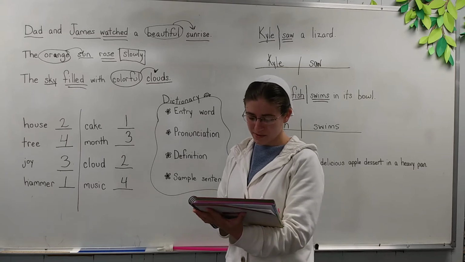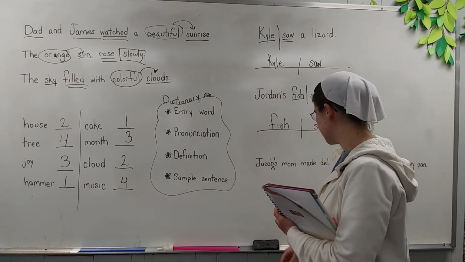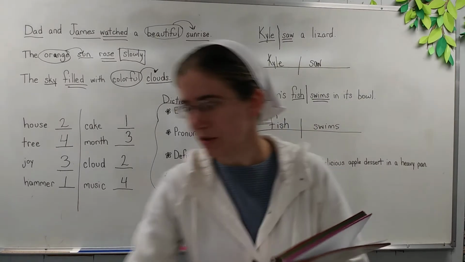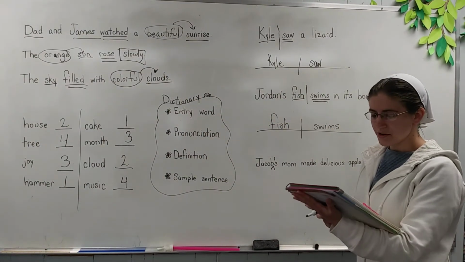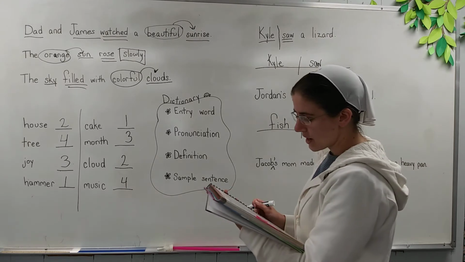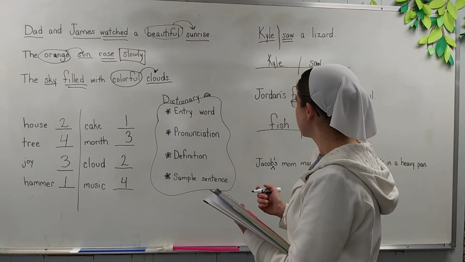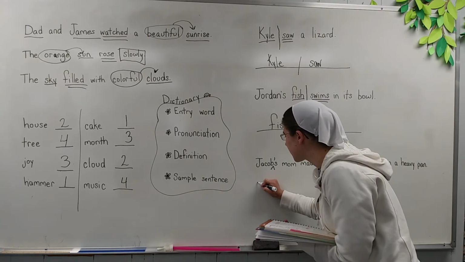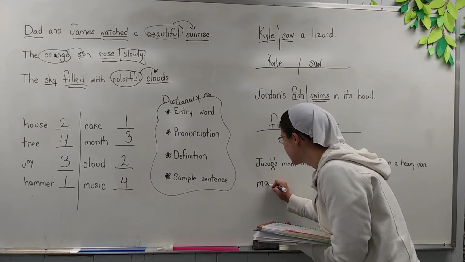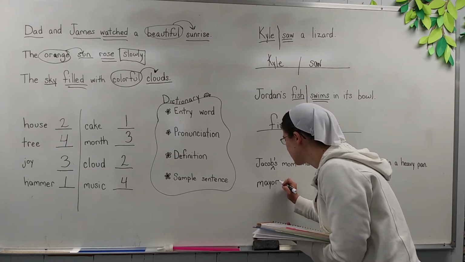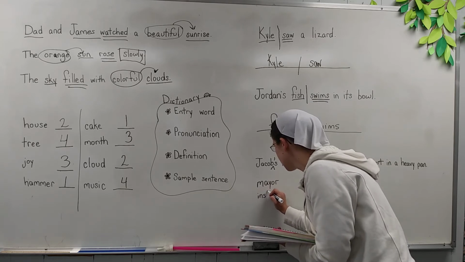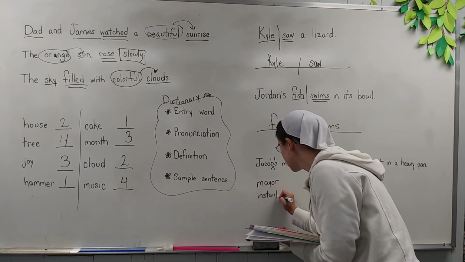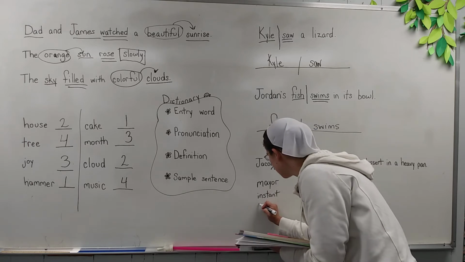So on page 315, find a marker. On page 315, you have 1, 2, 3, 4, 5 words. And I'm going to write them right here. Mare, instant, couple.